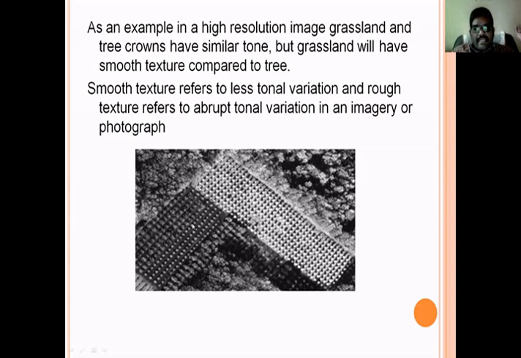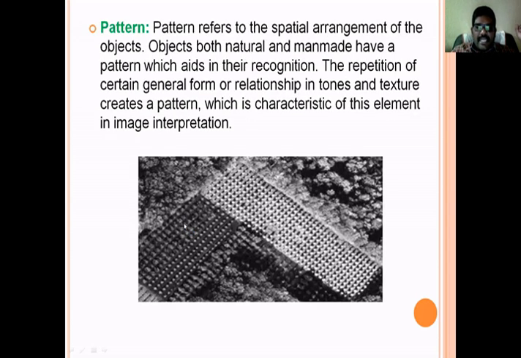See here, this image gives a smooth texture because the plants are planted in a uniform way, so it gives a smooth texture when compared with the nearby trees grown up here and there naturally. That means based on the texture of the images, we can conclude whether it is a grassland or an area of trees.